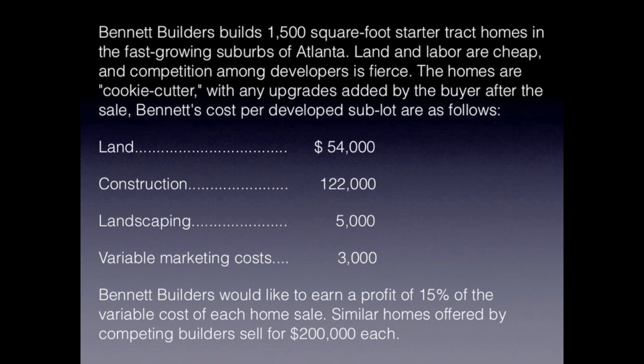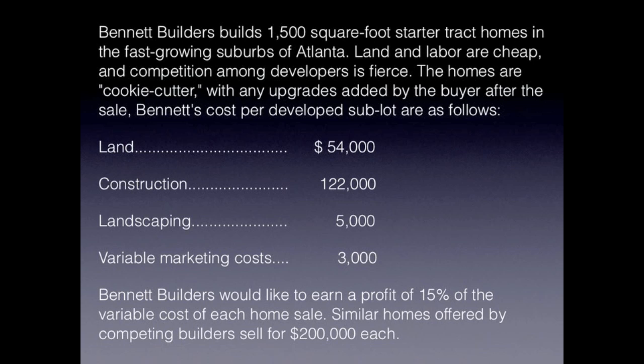Bennett's cost per developed sublot are as follows. So we have land of $54,000, construction of $122,000, landscaping of $5,000, and variable marketing cost of $3,000. Bennett Builders would like to earn a profit of 15% of the variable cost of each home sale. Similar homes offered by competing builders sell for $200,000 each.